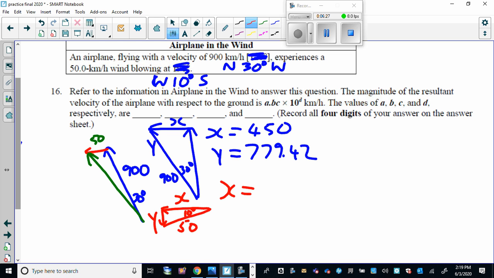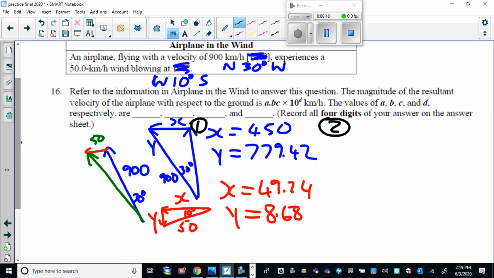The wind is going west and south, and for that one, we get an x value of 49.24 and a y value of 8.68. So we'll call that step 1, separate into components. Step 2 is going to be to add the components and then make a new triangle.